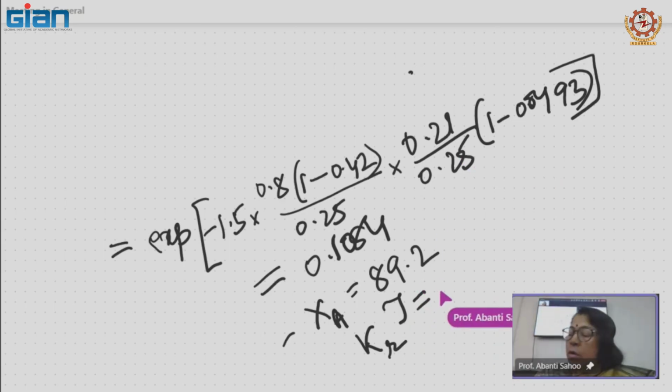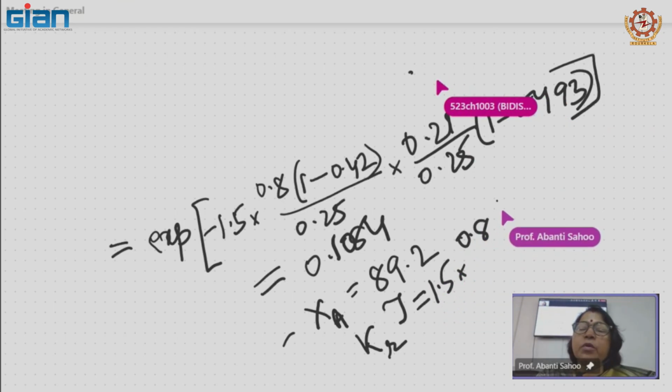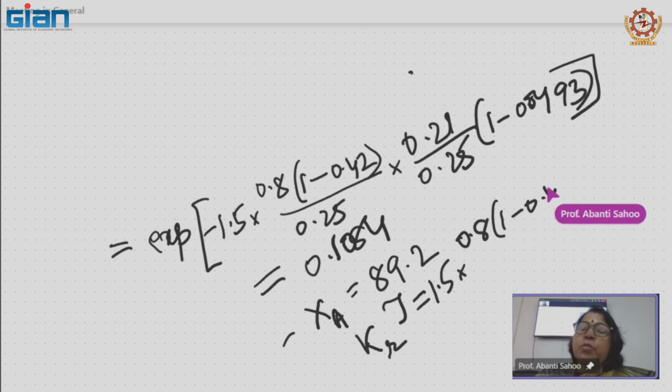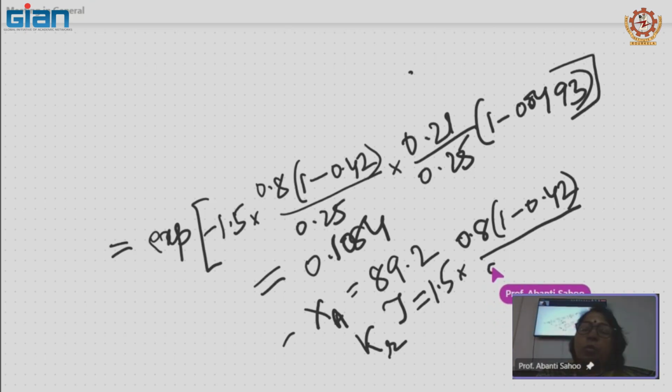Now, the dimensionless reaction rate we can calculate, which is K_r into tau. So, K_r is 1.5 into tau, that is L_f 0.8 into 1 minus epsilon_f, which is 0.42, divided by U0, which is 0.25.